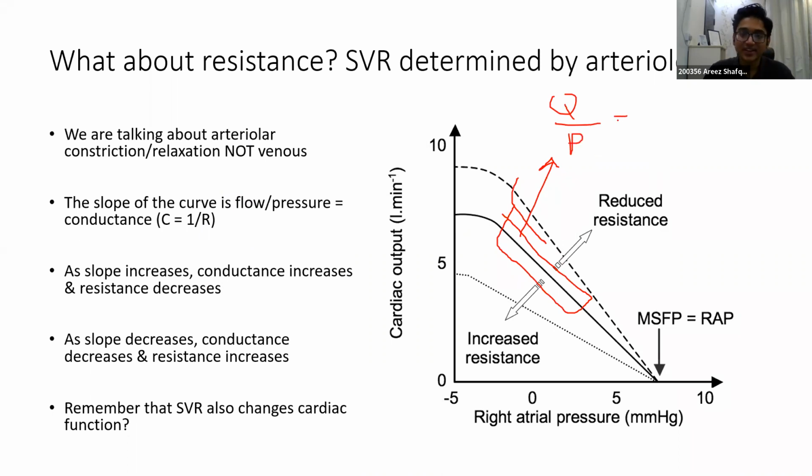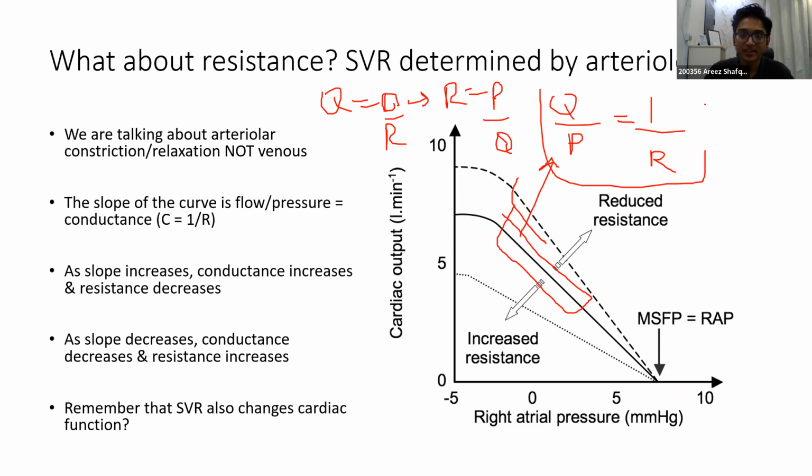That means that the gradient of this curve is 1 over resistance. Because if Q equals P over R, if I rearrange the equation, I get R equals P over Q. That means Q over P is 1 over R.